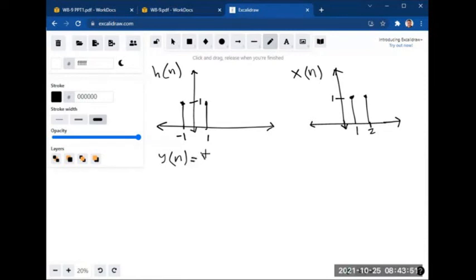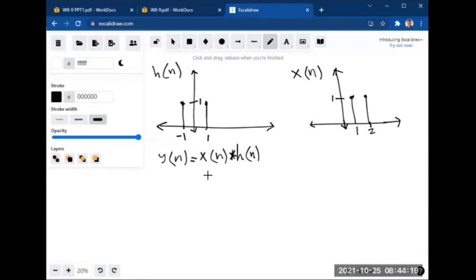Notice the difference. Here the impulse response is discrete as well as the input. In the continuous convolution, the impulse response is continuous, and the input signal can either be an impulse or continuous as well.